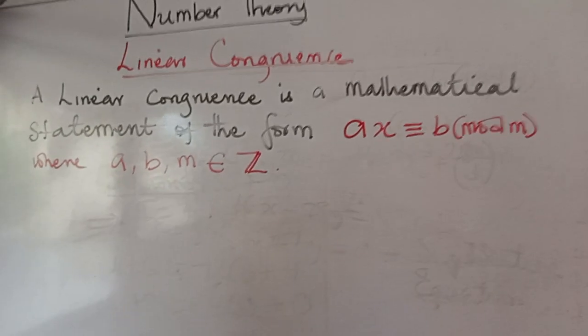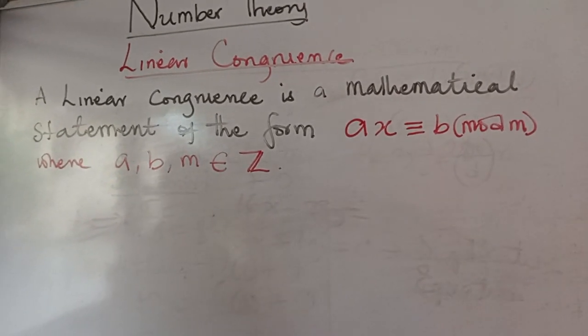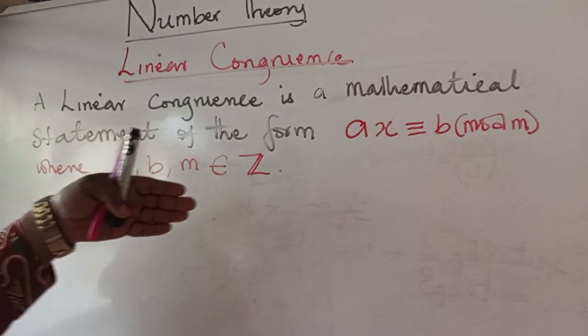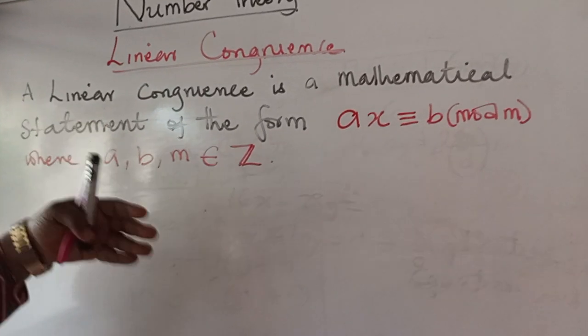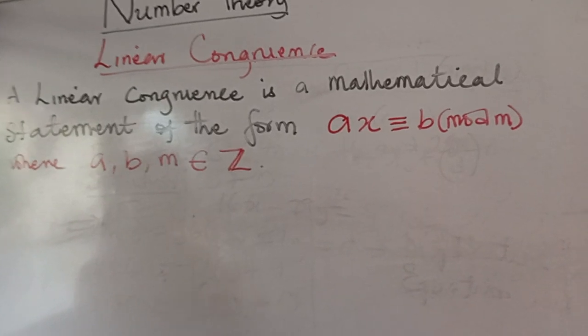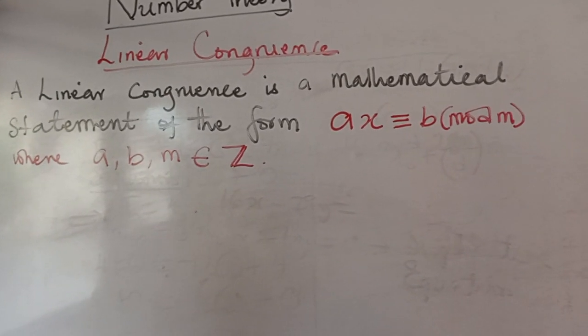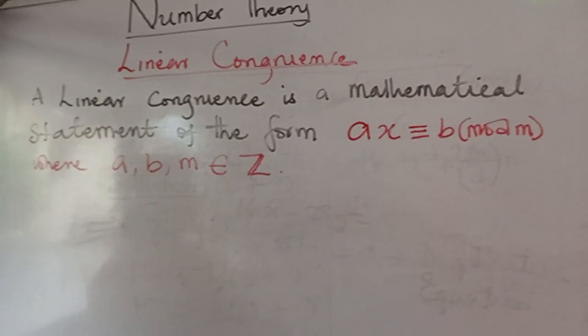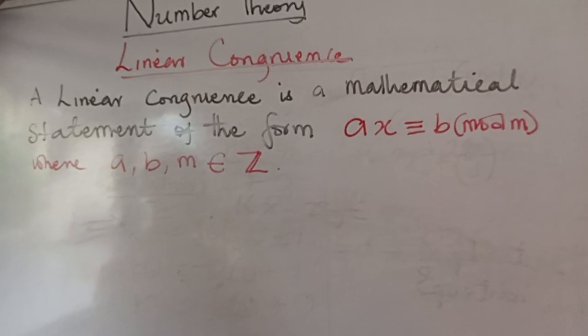Now today we want to expand what we learned last time to solving linear congruences, because the congruence equation is actually another form of the Diophantine equation. Now, what is a linear congruence? From the word linear, you can see that the power of the variable x in this case will just be 1.